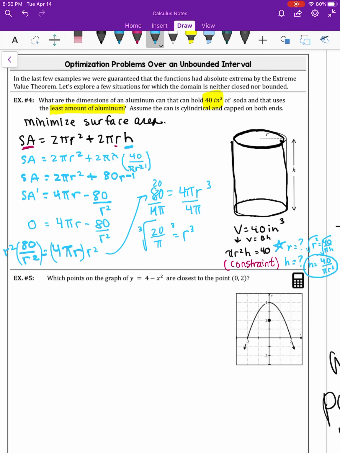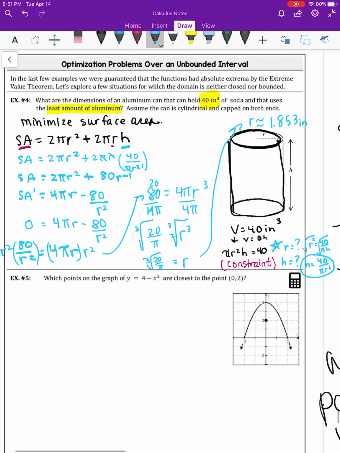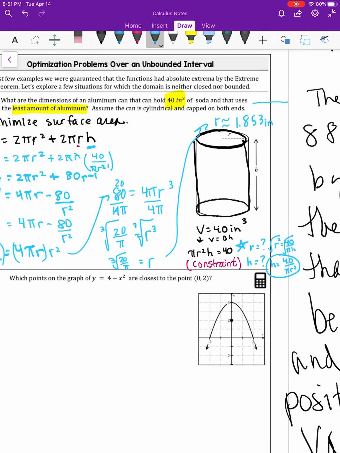Look, divide by 4, divide by 4. r cubed is 20 over pi. And then we take the cube root of both sides. So my r is going to be the cube root of 20 over pi. I'm going to put that in my calculator to see what that approximate value is. So my r is approximately 1.853 inches.